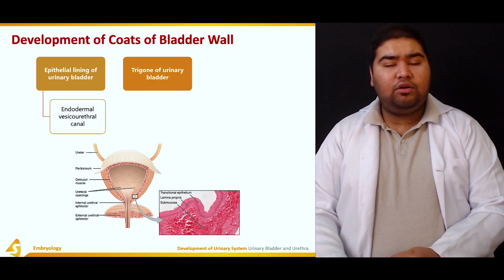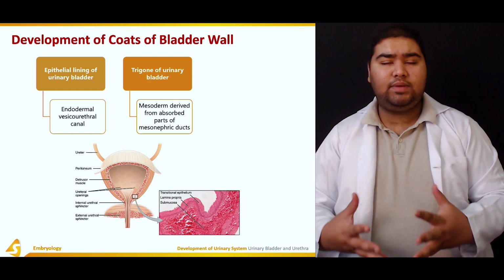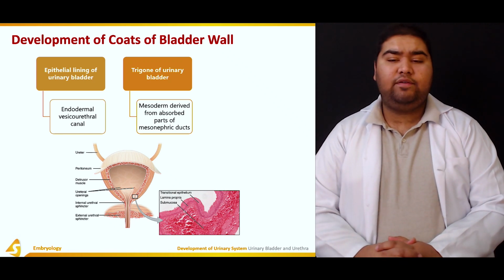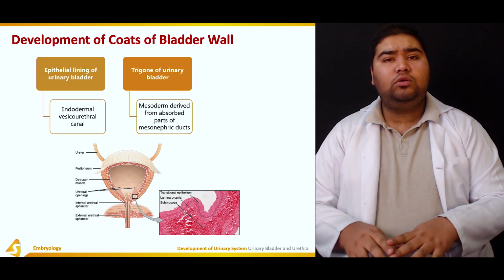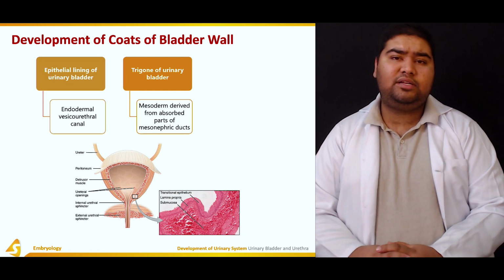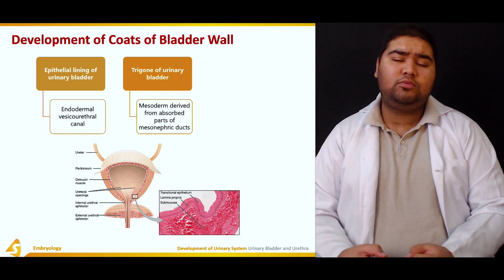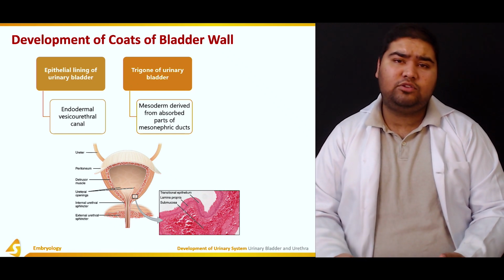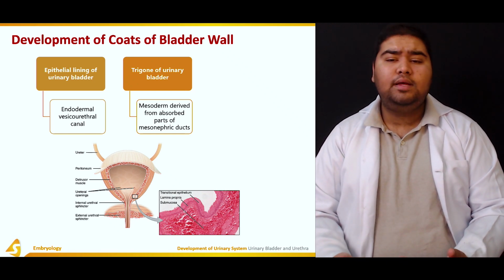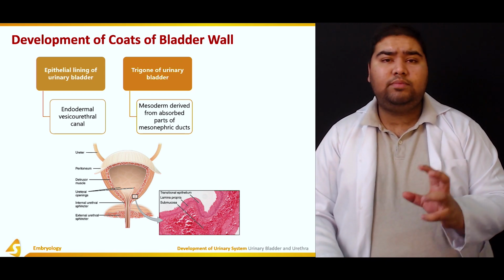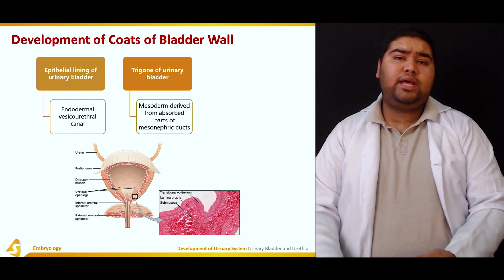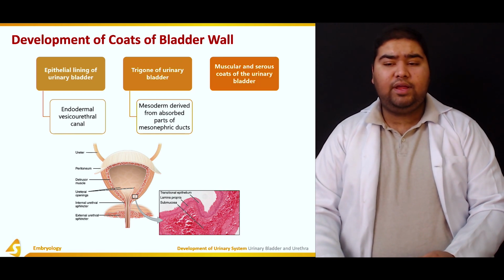The trigone of the bladder is formed from the mesoderm, which is derived from the absorbed part of the mesonephric duct. So in the region of the trigone, the mesoderm contributes to the formation of the epithelium and the other components and coats of the bladder. And this mesoderm originates from the absorbed parts of the mesonephric duct.